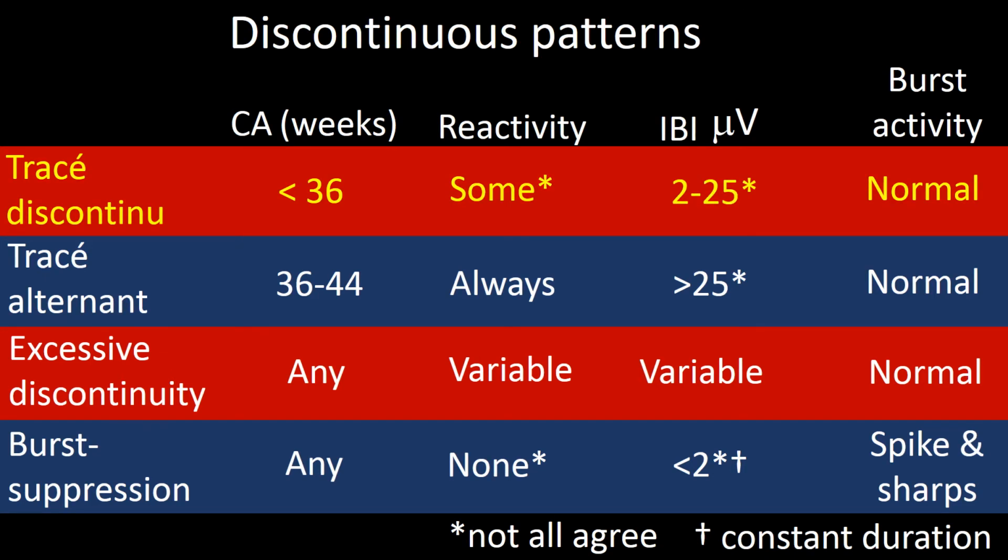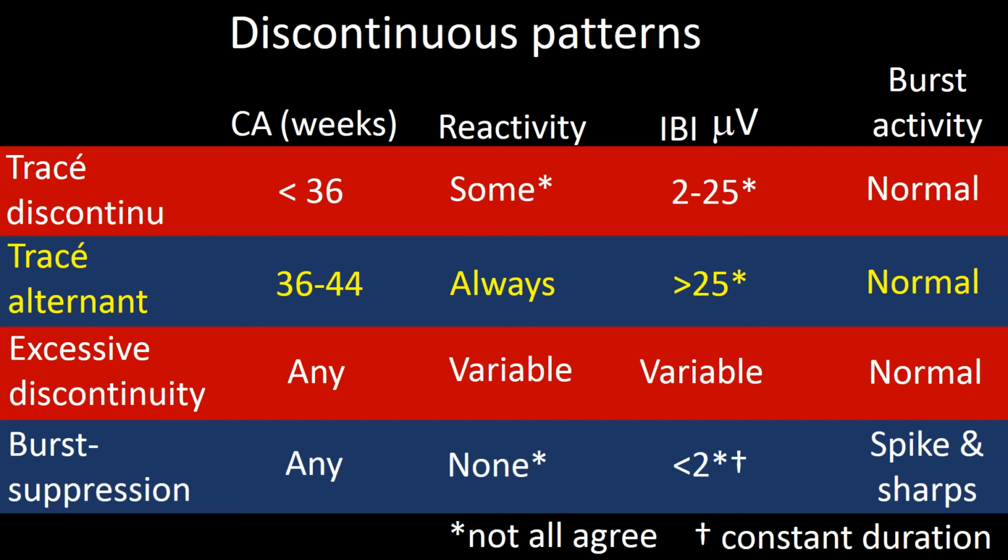This criteria says that tracé discontinue occurs in neonates less than 36 weeks. The background changes with the stimulation. The amplitude of the interburst interval is less than 25 microvolts, and the activity during the burst is normal. Tracé alternant occurs in full-term neonates, at times extending up to 48 weeks post-menstrual age.